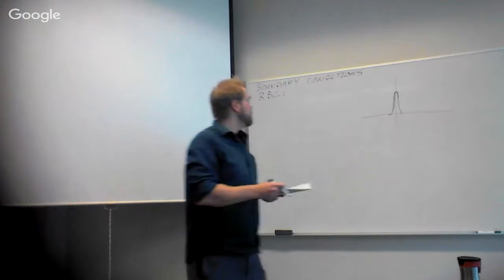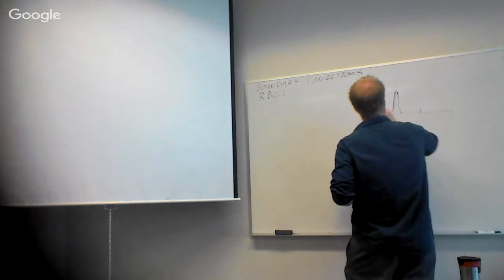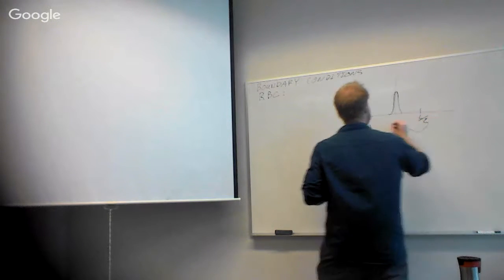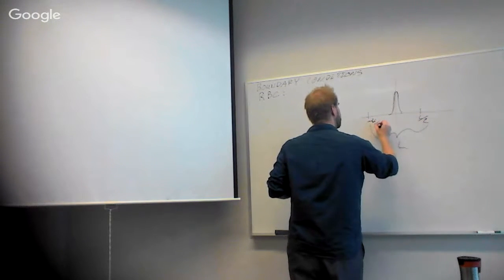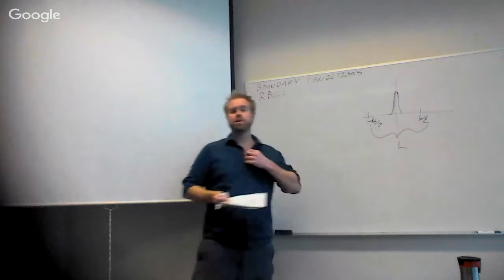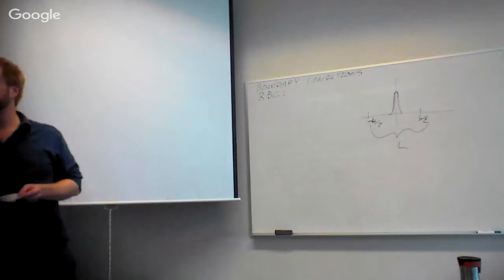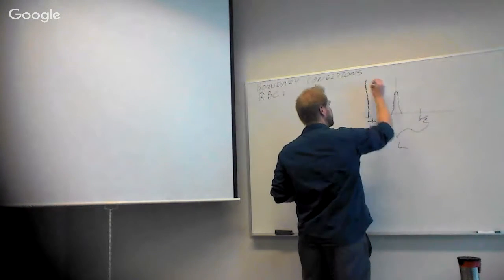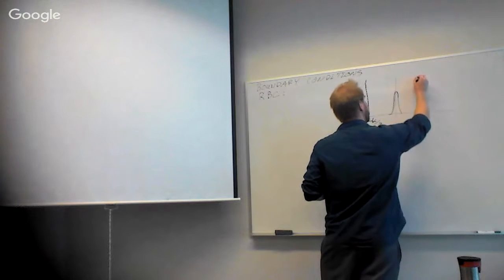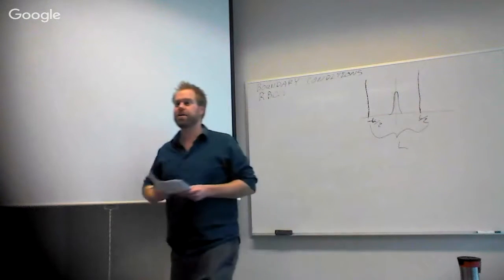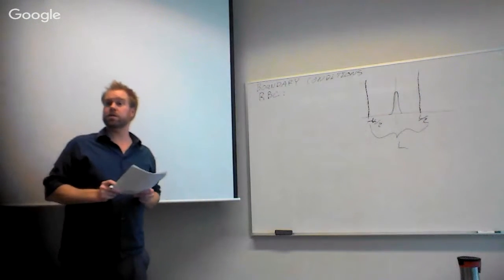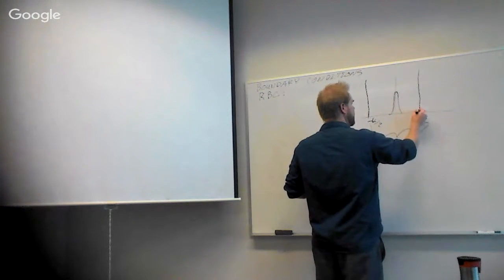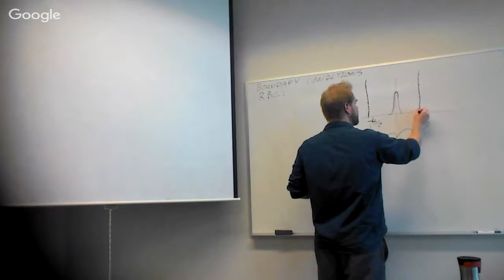So I'm going to put a boundary here. We can call this L over 2, and this will be negative L over 2. And I want these to be reflecting boundary conditions. What do I mean by that? Basically, these are infinitely high walls, you can think about. The particles cannot jump out over these walls. So when a particle hits here, it's reflected.